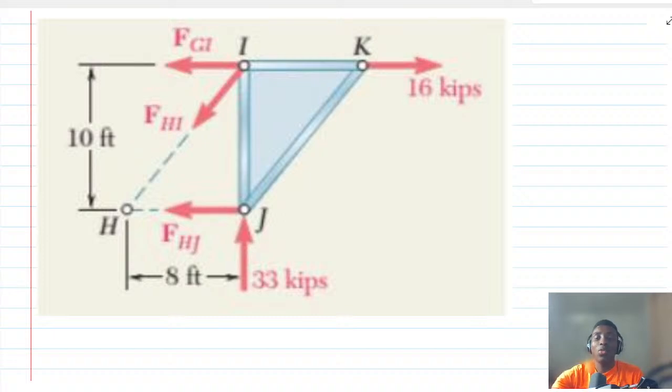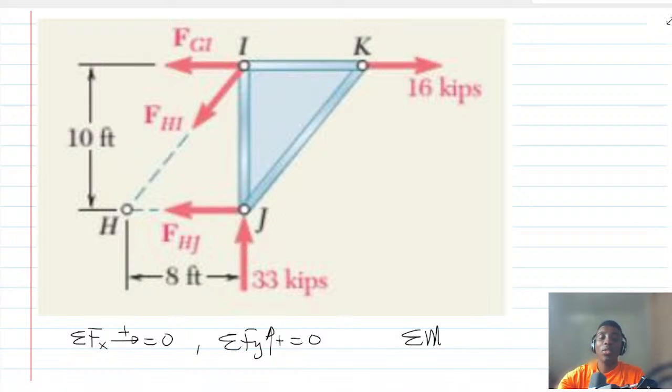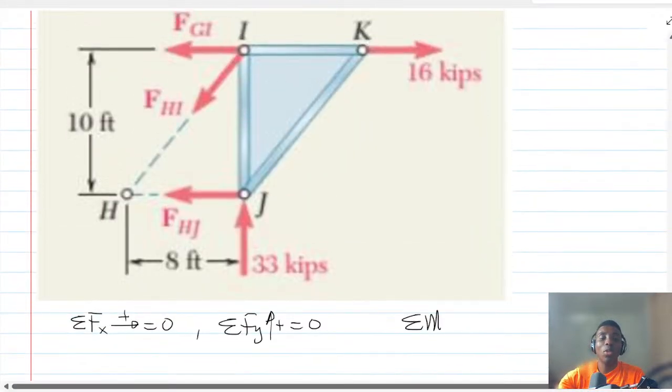So the best way to solve this is to, or you can also still do summation of forces along the x equals 0, summation of forces along the y equals 0, and then use the sum of moments. Okay, no problem. Let's do that one. I want you to understand it.